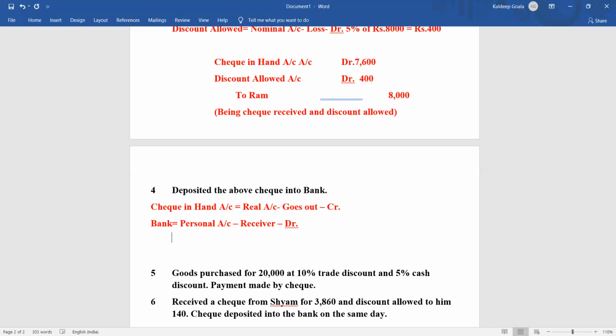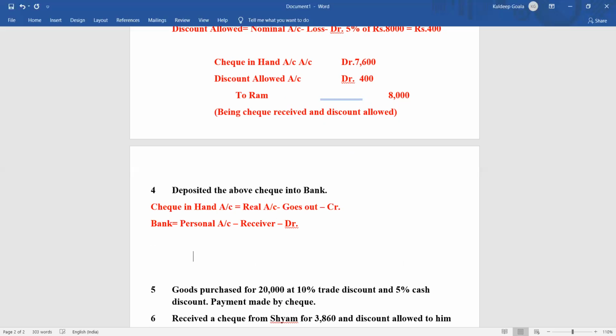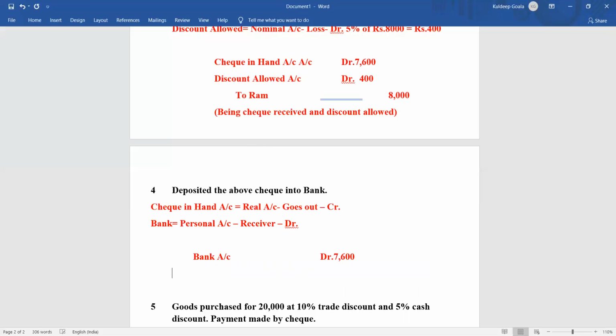So ultimately the journal entry will be bank account debit, how much? 7,600. The amount is not mentioned, so you have to see the previous entry again. The check value was 7,600 rupees. So it will be bank account debit 7,600 rupees to check in hand account 7,600 rupees.